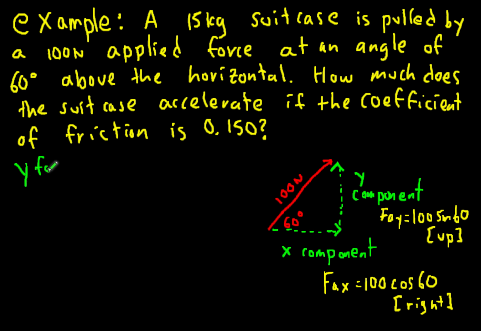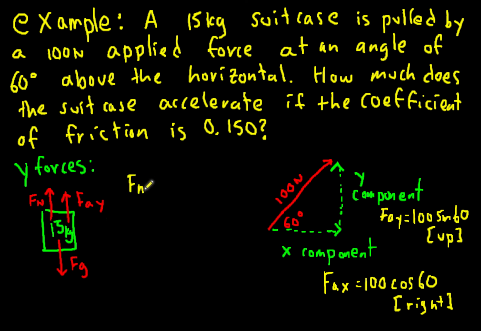And to solve for the normal force, we need to look only at the y forces on the suitcase. The suitcase is being pulled down by gravity, but there are two upward forces in the y direction, the normal force and F applied in the y direction.